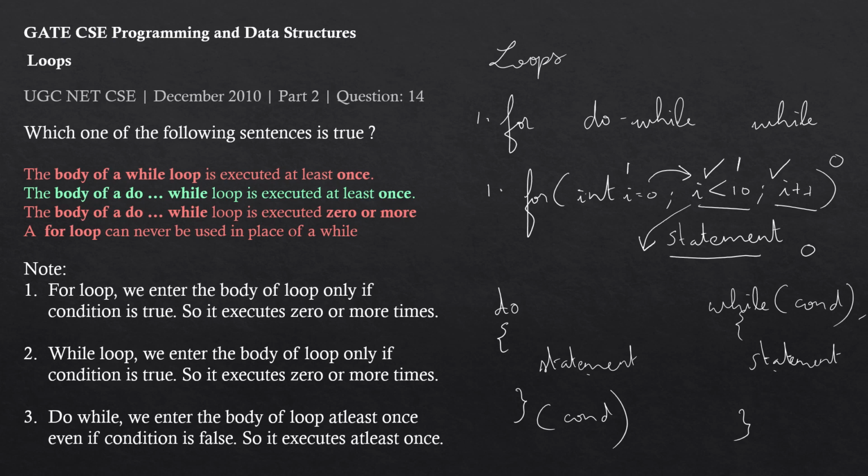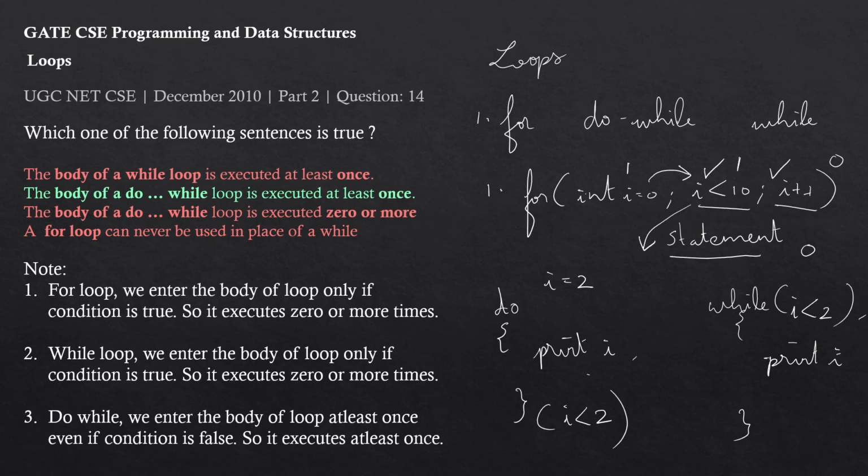Let's look at some example. So do print I while I less than 10. Okay, let's give some small value just to run it. While I less than 2. So while I less than 2, print I. Okay, suppose in both these cases we're giving I as 2.